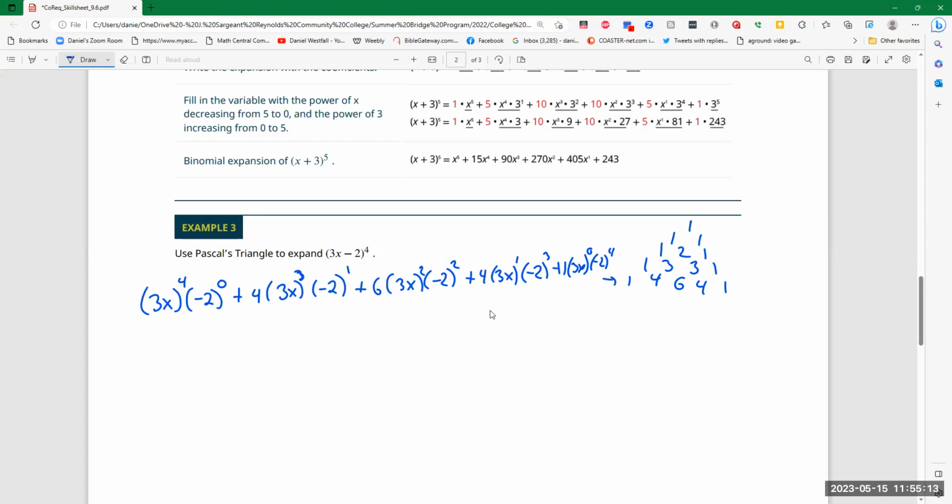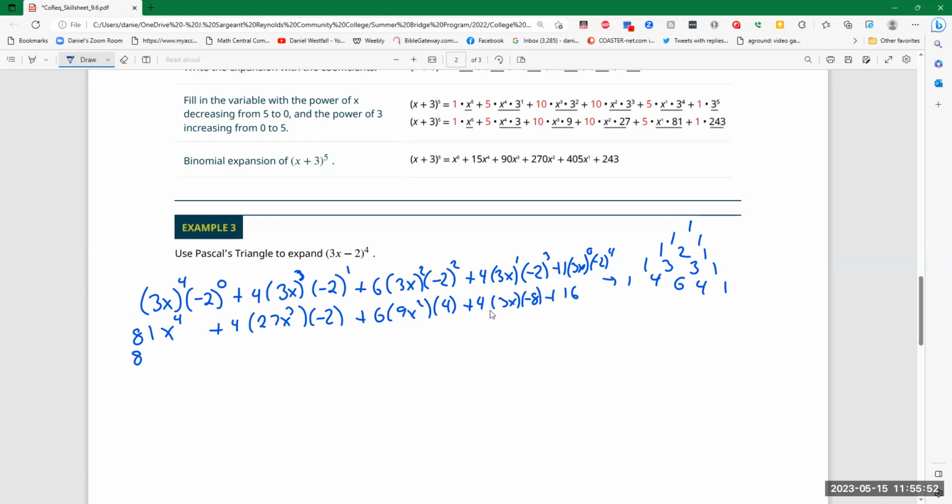So 3 to the 4th, we just saw was 81, x to the 4th times 1, plus 4 times 27 x to the 3rd times -2, plus 6 times 9x squared times +4, plus 4 times 3x times a -8, plus, that's going to be 16 over there.